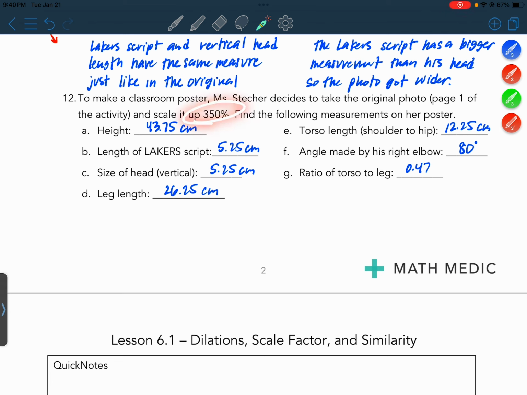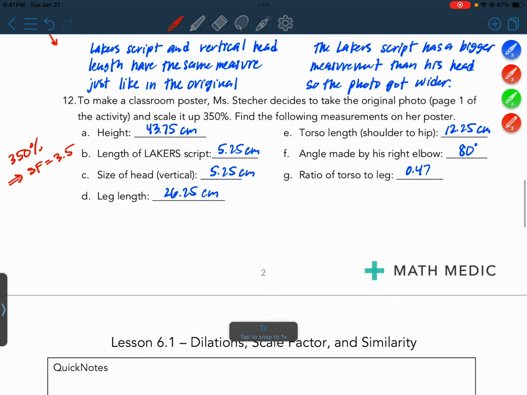We want to scale something up by 350%. So we need to think about what that would be as a scale factor. 350% would be equivalent to a scale factor of 3.5. So all our measurements are going to get 3.5 times bigger.